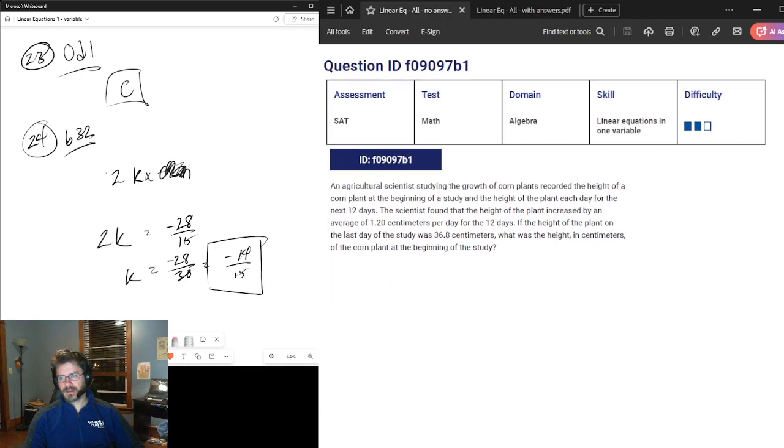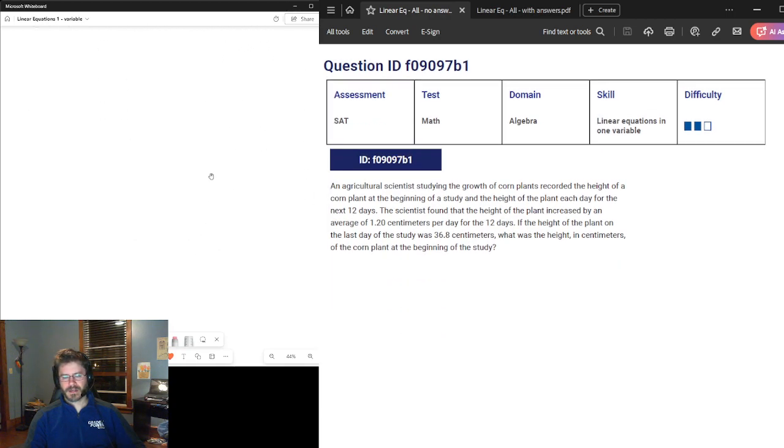Okay, moving right along. Big old word problem, 25. Code 7b1. Excuse me. All right, go ahead and give it a shot. Let's dive right in. We don't care that it's corn.